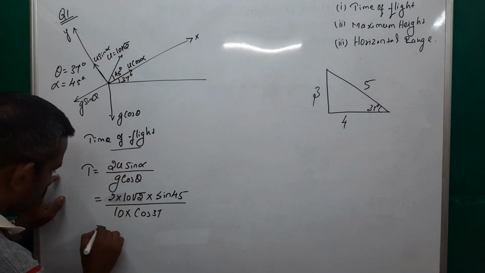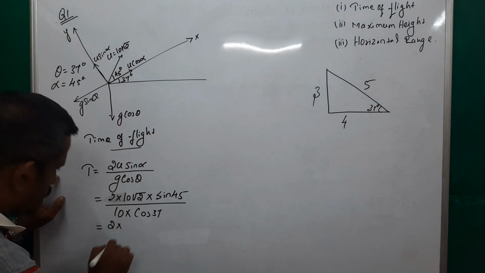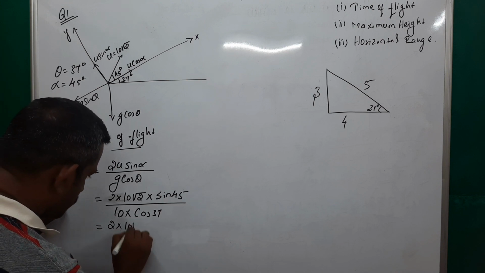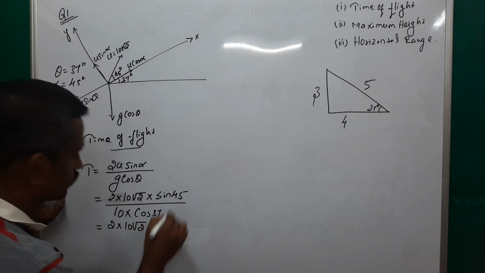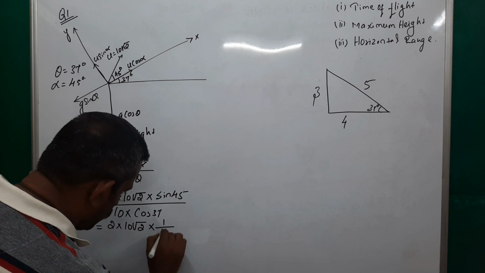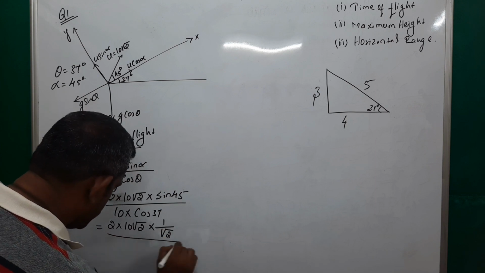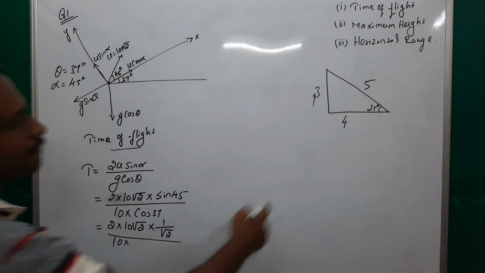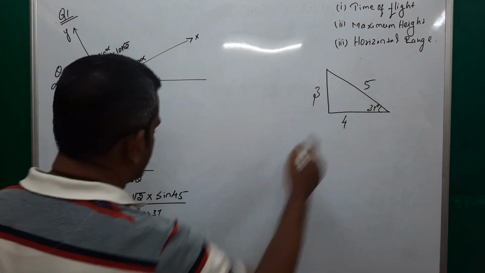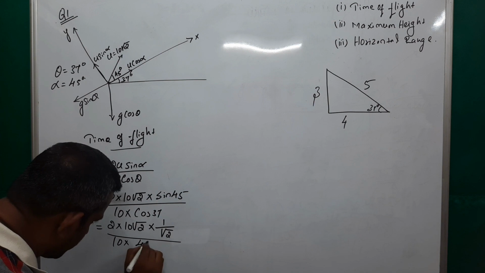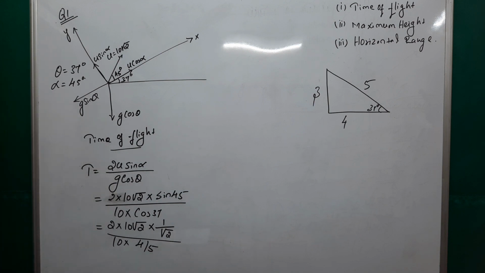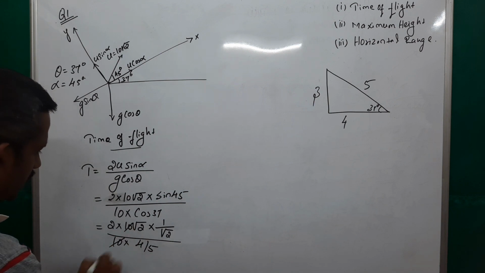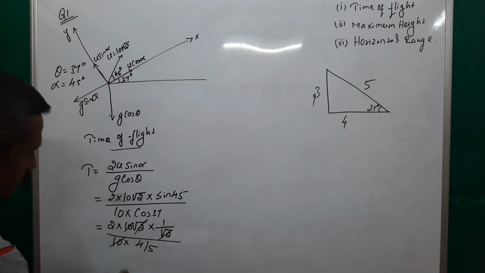So that's equal to 2 into 10 root 2 into sin 45, which is 1 by root 2, divided by 10 into cos 37. Adjacent side by hypotenuse, that is 4 divided by 5. So 10 gets cancelled, root 2 gets cancelled.